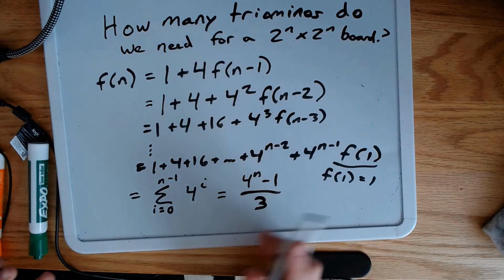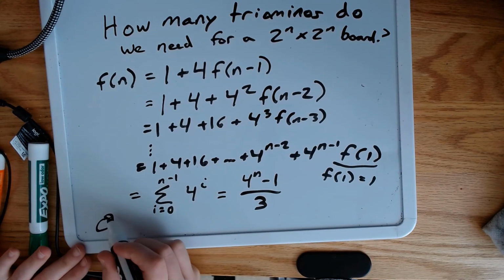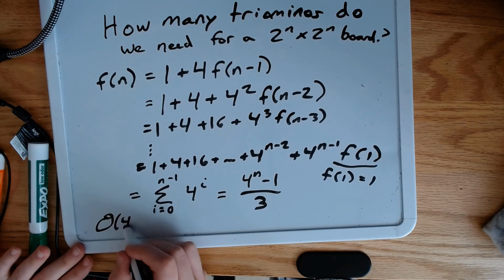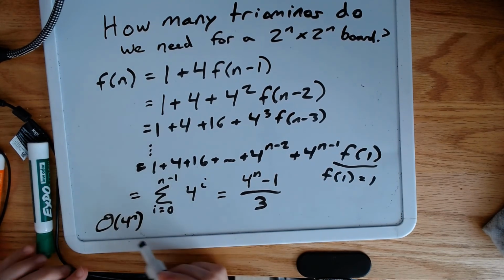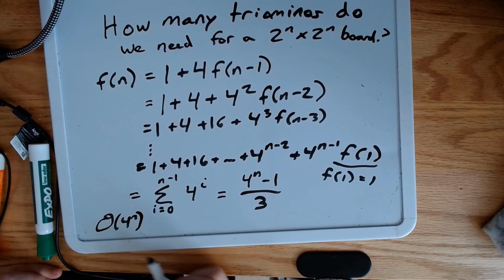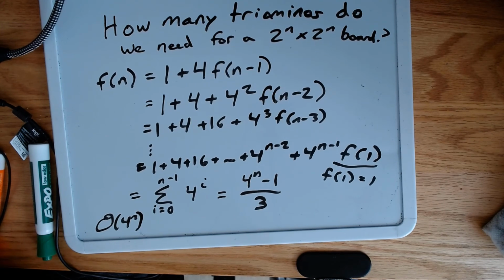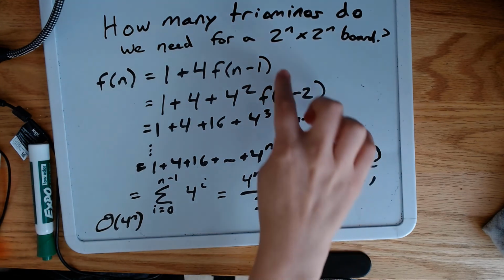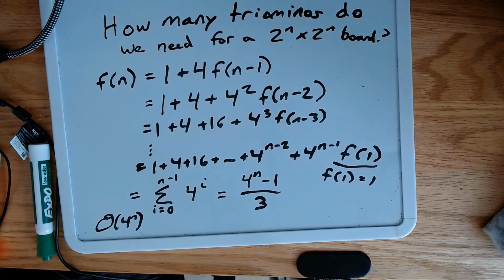Right, and so the time complexity of this is 4 to the n, which is really big, much bigger than anything we would get out of cases where the Master Theorem applies. So this is how we find the time complexity of an algorithm that works like this. I hope this was helpful.